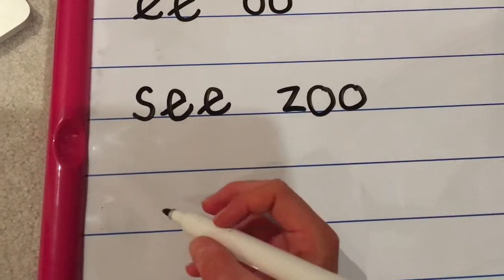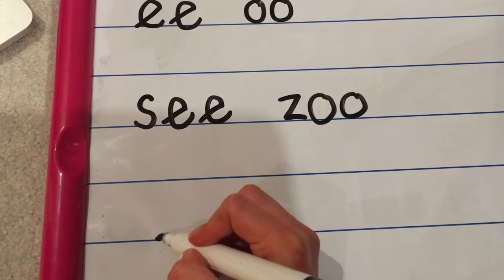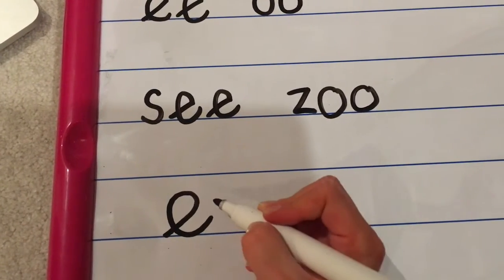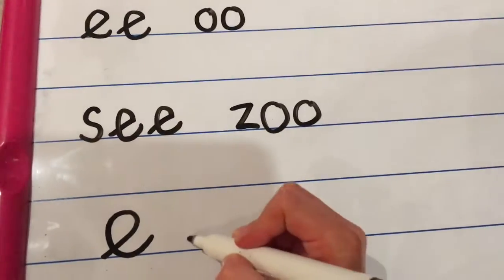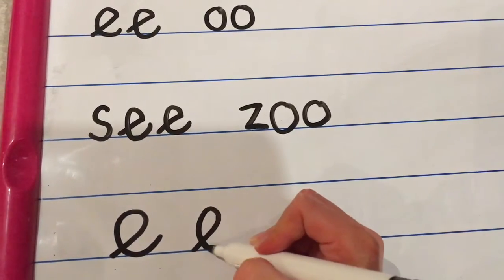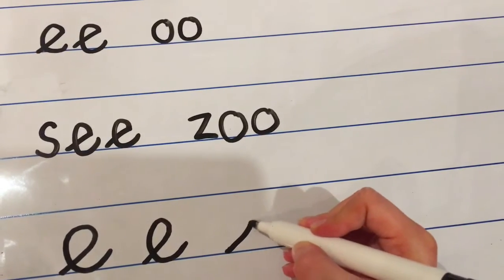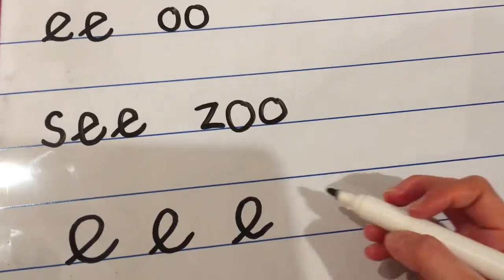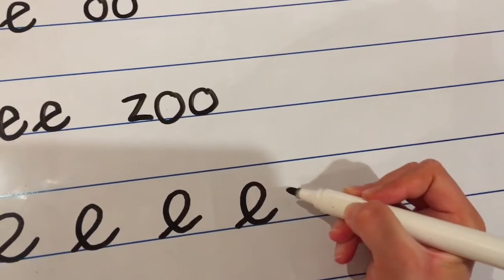So remember, for our E we're going to start at the bottom of the line and go up and round and all the way back, not taking my pen off the board at all. So up and round and flick. Up and round and flick.